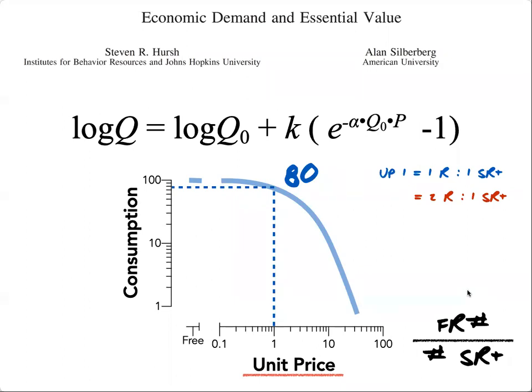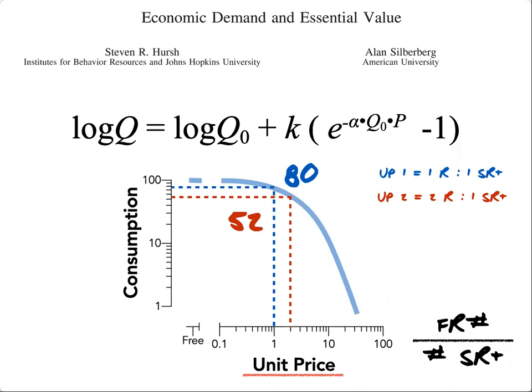So now we can increase the unit price to 2. The simplest way to do that is to simply increase the response requirement to 2. And so that tells you kind of what would happen there. So we look at a unit price of 2, and we see that just 1 unit increase in unit price, we get a change from 80 down to 52.